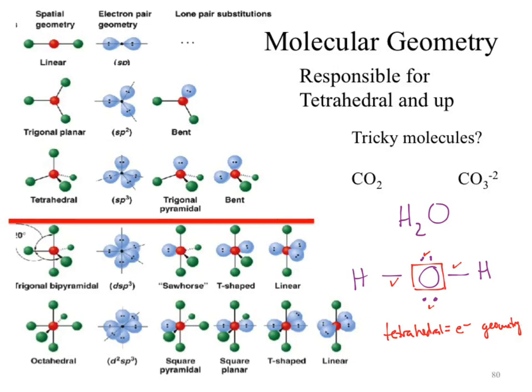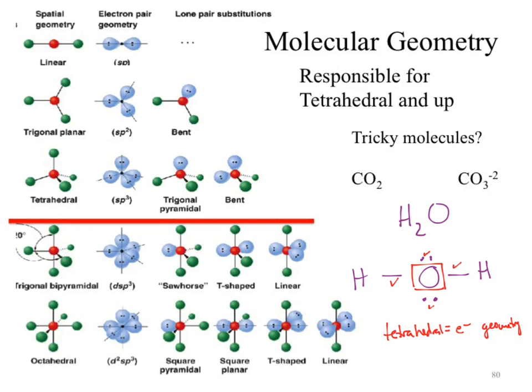What happens when we move to our molecular geometry? I now need to distinguish those 4 groups as bonding or non-bonding groups of electrons. How many bonding groups of electrons in water? 2. How many non-bonding groups? 2. If I follow that down in my pictures, in my tetrahedral shape, I will shift across to trigonal pyramidal.